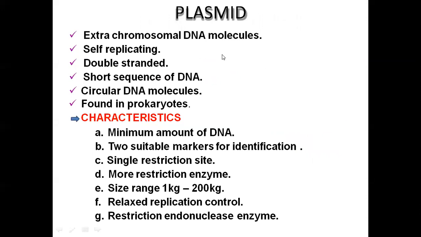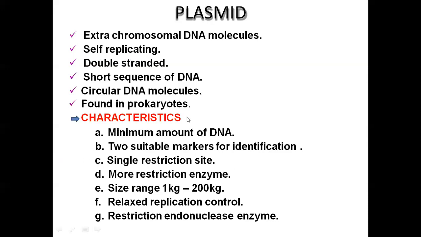Plasmid is an extrachromosomal DNA molecule. It has the ability of self-replicating, an origin of replication site, is a double-stranded, short sequence, circular DNA molecule found in prokaryotes, meaning in bacteria. Okay, plasmid.